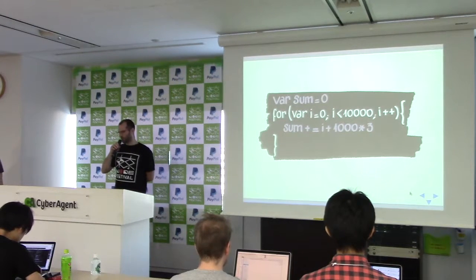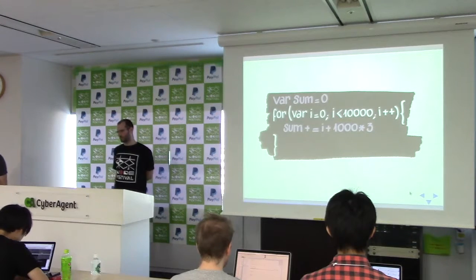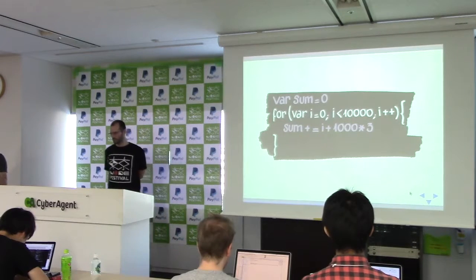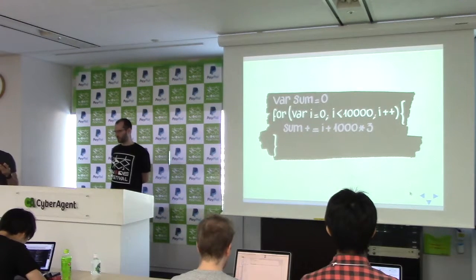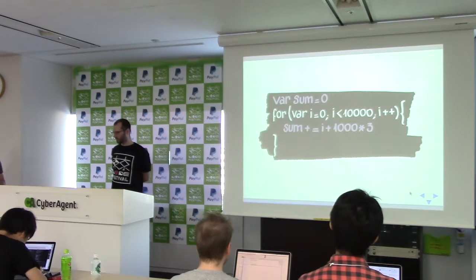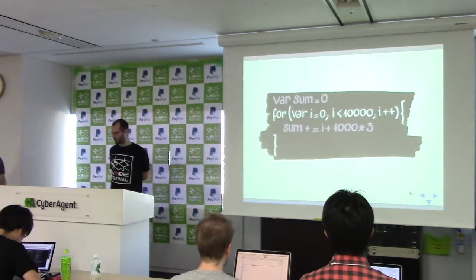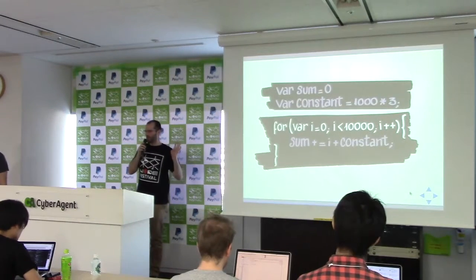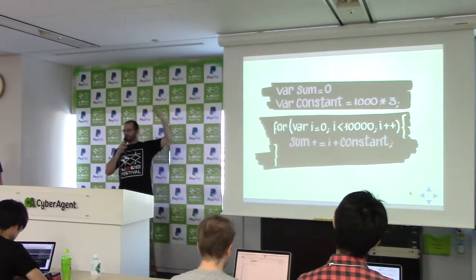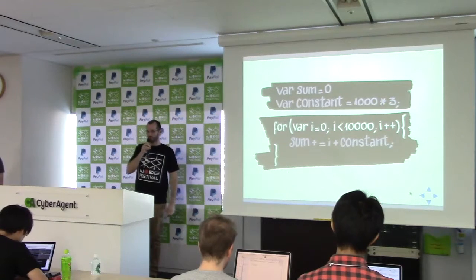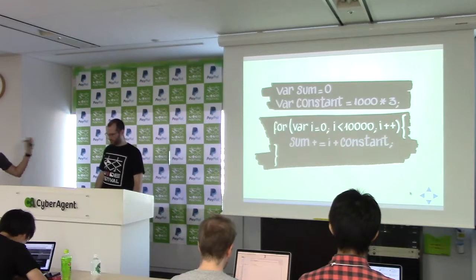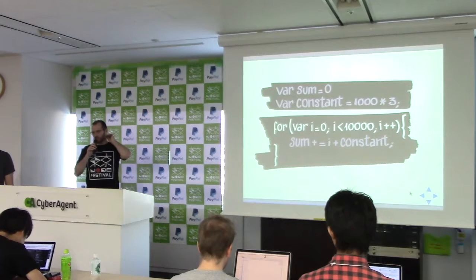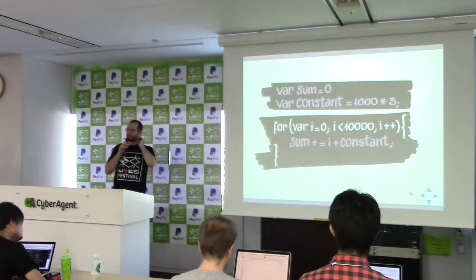Now, if the expression is constant, if it doesn't change on every loop iteration, one reasonable improvement could be to hoist it out of the loop and reference it with a variable. All these engines apply this optimization internally, and it's called loop invariant code motion.